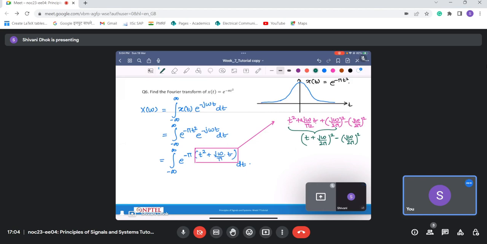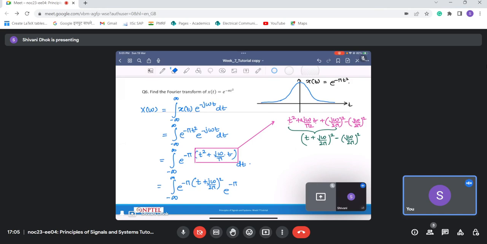Let us substitute this back in this formula which we are having here. So this is equal to the integral from minus infinity to infinity e power minus pi (t plus j omega upon 2 pi) square into e power minus pi times minus 1 square.